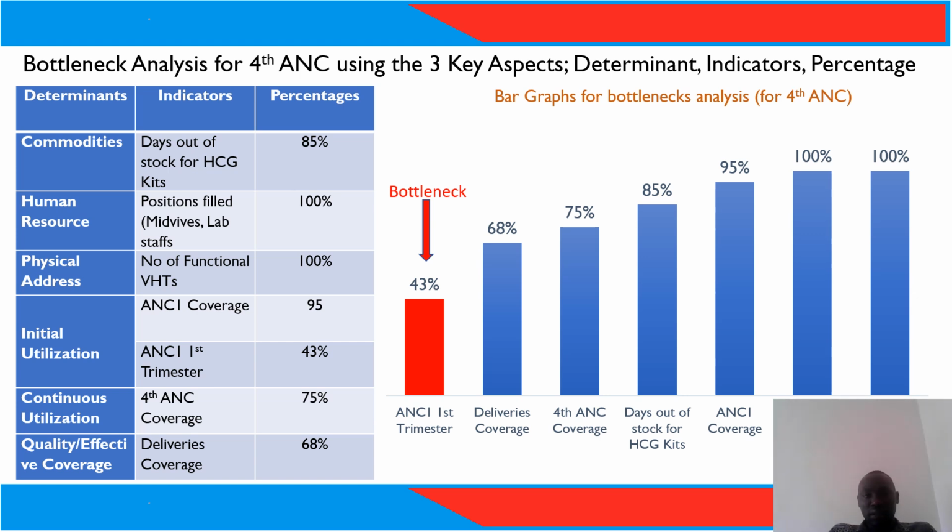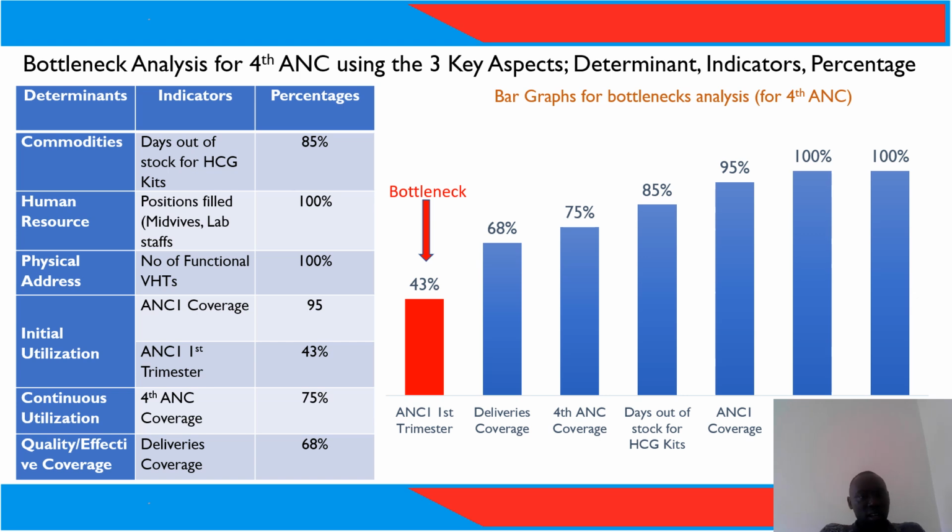Here, when you are calculating positions filled, you look at, for example, a facility. If this is a health center 4, how many midwives is it supposed to have? If health center 4 is meant to have 4 midwives, then all the 4 positions were filled for the midwives, and then one lab technician, and the health center 4 has all the lab technicians.